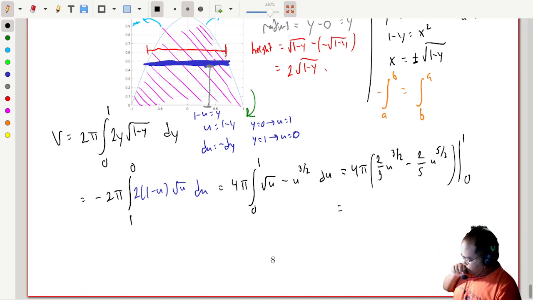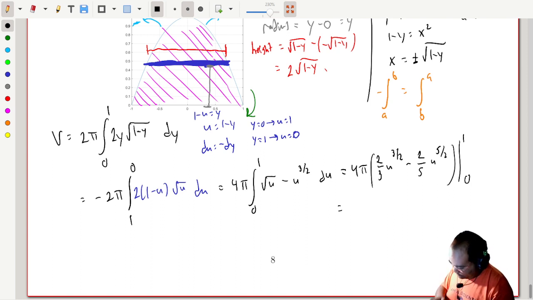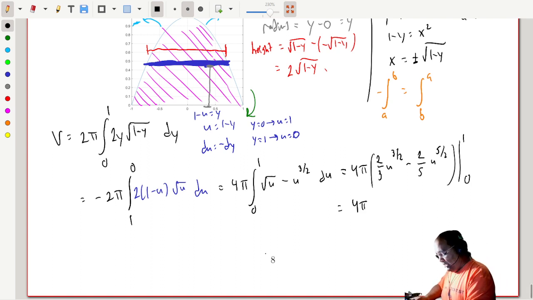If I plug in 1, notice I'll just get 1 to the 3/2 is 1. Similarly for 5/2. And if we punch everything into our favorite calculator, take a look at this. 4 pi times 4 over 15, which is 16 pi over 15.